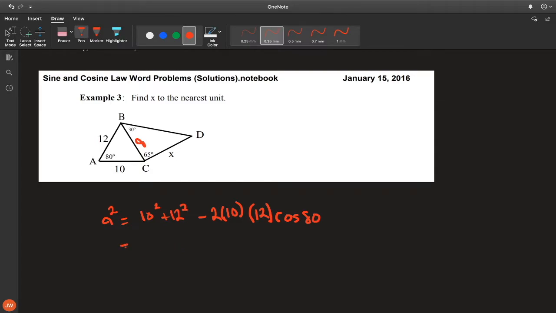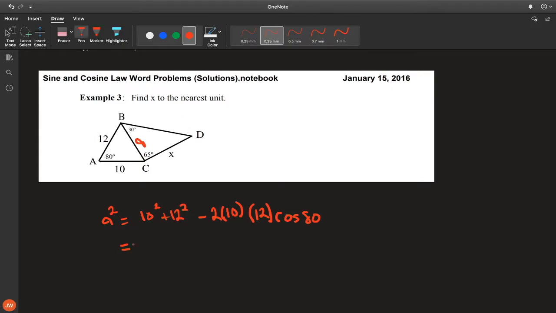Now I'm going to plug this into my calculator: 10 squared plus 12 squared minus 2 times 10 times 12 cosine of 80.